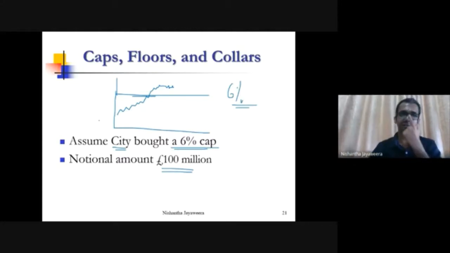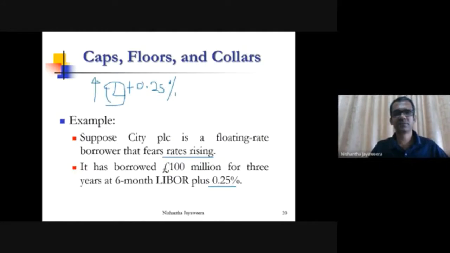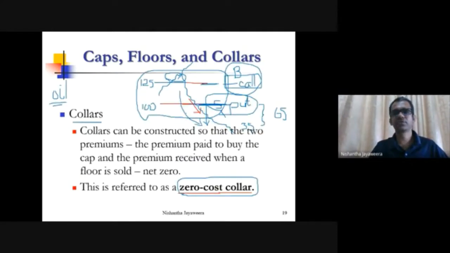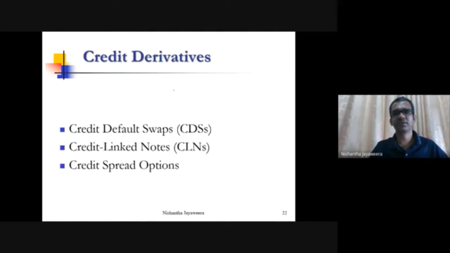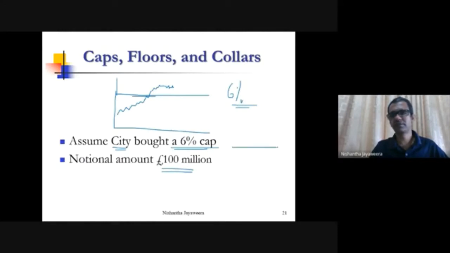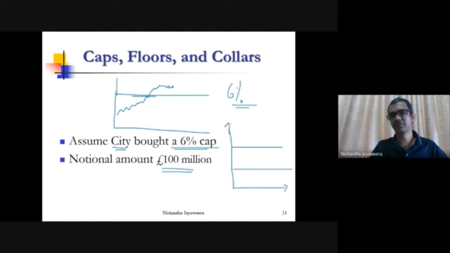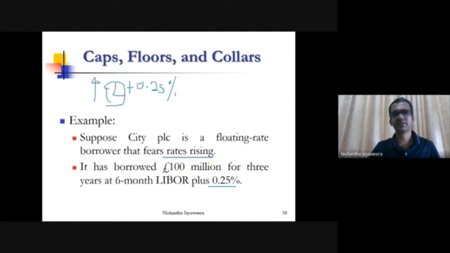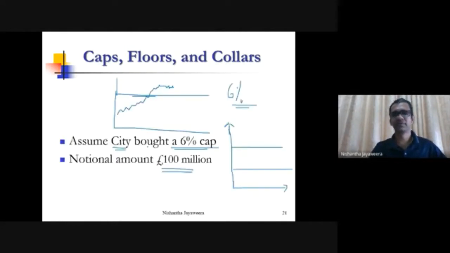But when it comes to collars, you might think, why would someone make it a collar? Because when you make a collar, either way you give up your benefit. Say in this instance, the city is a borrower.